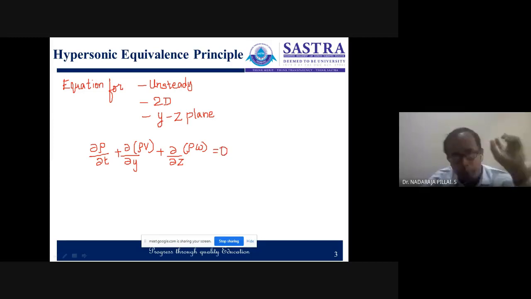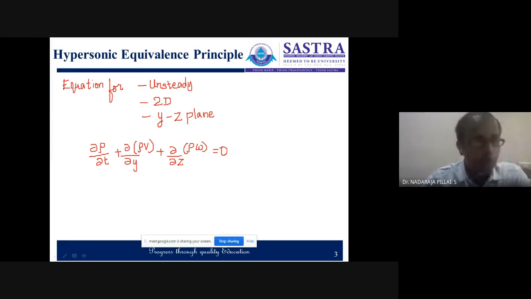See, in this hypersonic equivalence principle, ultimately we want to say that the principle is that the steady hypersonic flow over a slender body is equivalent to the unsteady flow over one less dimension.